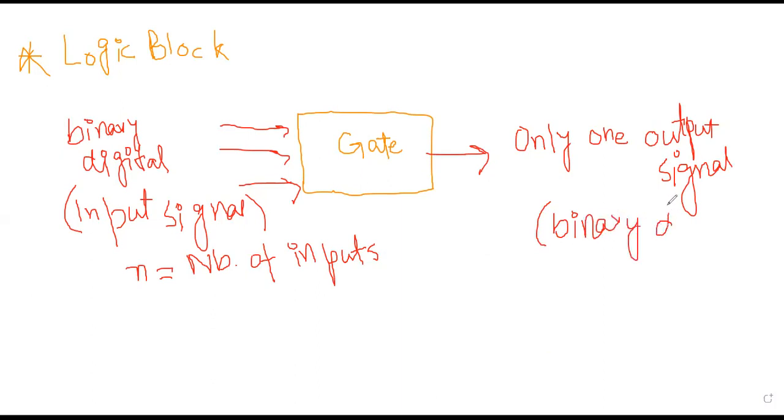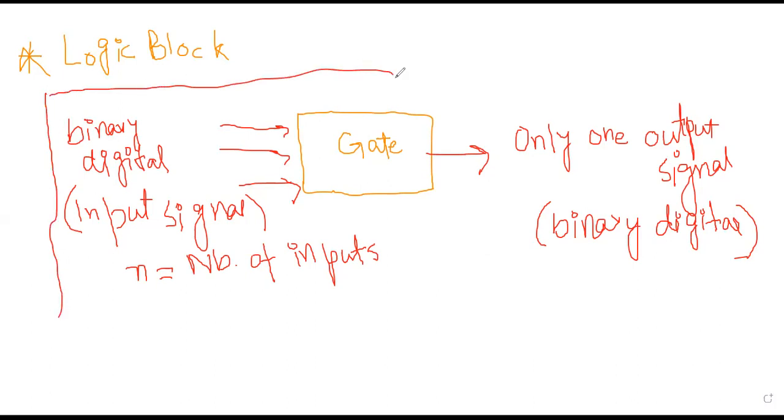So this is basically the schematic diagram of my logic circuit or logic gate. Whether it is an AND gate, OR gate, NAND gate, NOR gate, or any gate, this is the basic schematic diagram of a logic gate circuit.